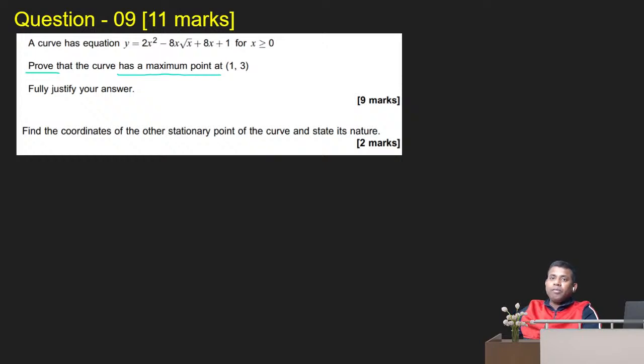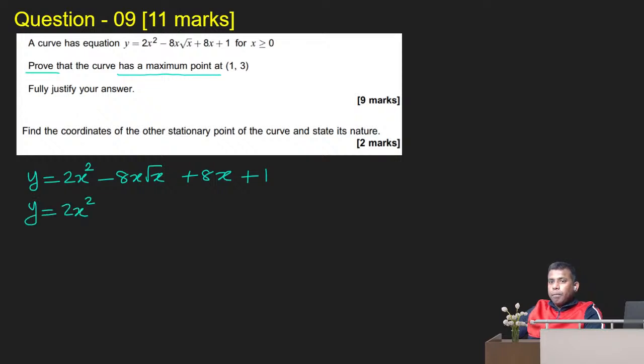So first of all, start with the differentiation. That is the key for this question. So y equals 2x squared minus 8x root x plus 8x plus 1. Don't make any careless mistake. You know that basic power rule: x means x to the power 1, root x means x to the power half.